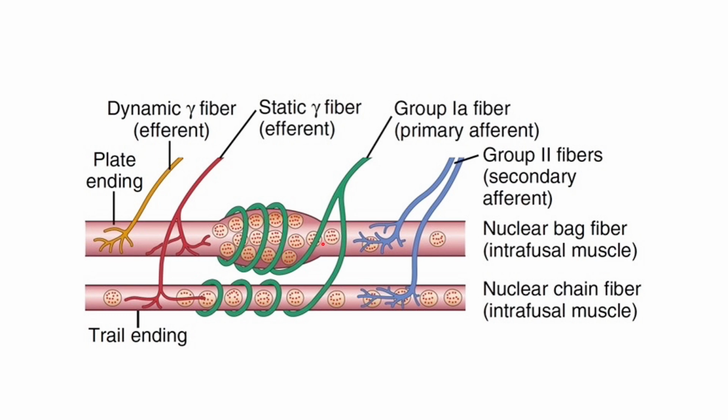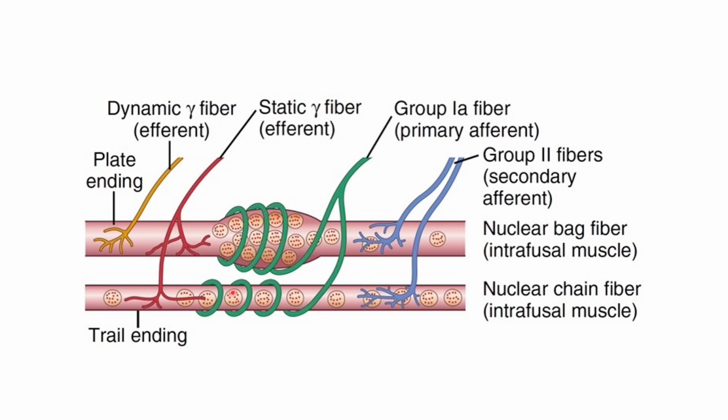These intrafusal muscle fibers are very tiny, small muscle fibers with a special structure: in the center of these fibers there is no or almost very little actin and myosin, so no contraction in this part. On the contrary, the peripheral parts of these intrafusal muscle fibers do have actin and myosin, so they can contract. These intrafusal fibers can be categorized into either nuclear bag or nuclear chain fibers.